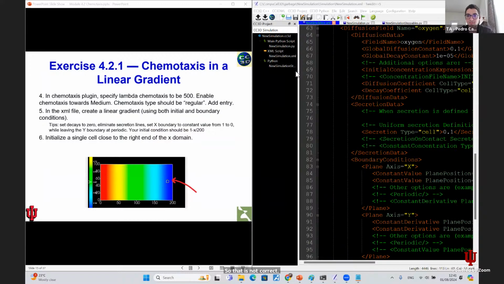So if lambda is higher, will the cell move faster? Good question from Yasmina. Yes. Yes, Mohit, that's correct.